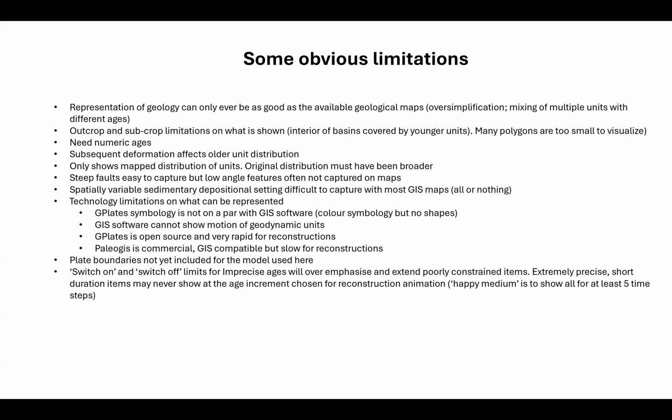It's also worth remembering that subsequent deformation will affect the distribution of older units. If we think of the Kaapvaal craton, just take the Vredefort impact at about 2 billion years. That produces a very different distribution of rocks for the Witwatersrand, simply because of that massive doming structure. I'm not trying to take that out.